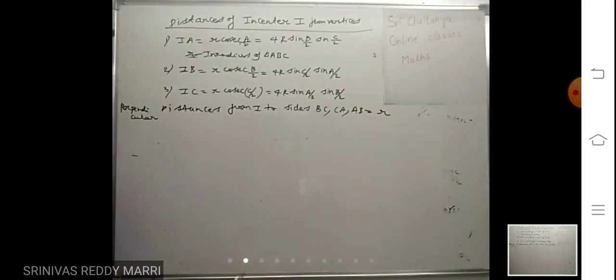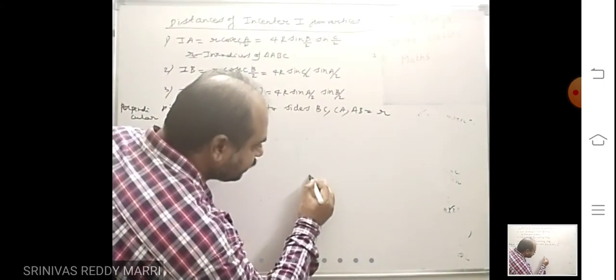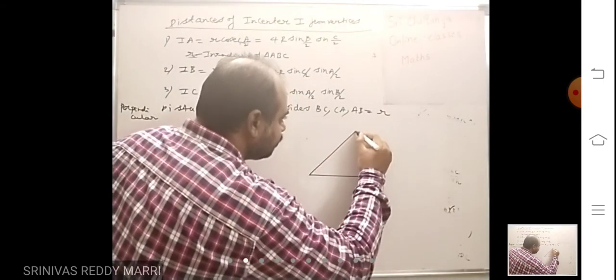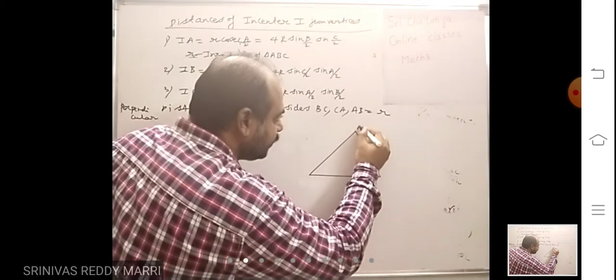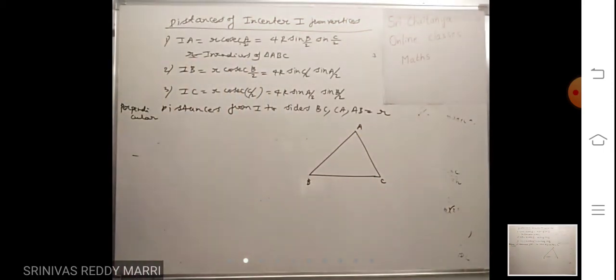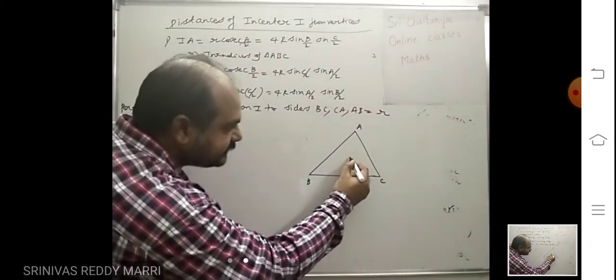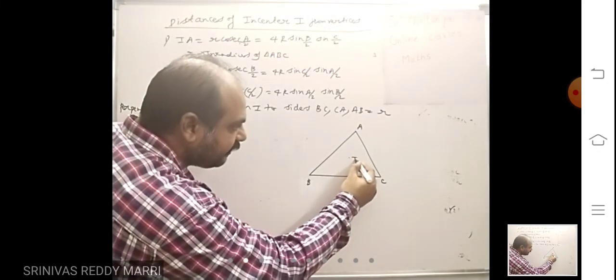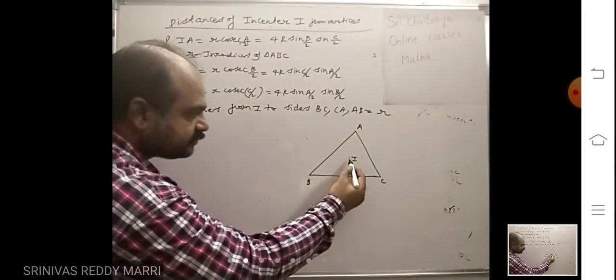Look here, how you will get it. Take the triangle ABC. Now let I be the incenter. This is the center of the incircle.